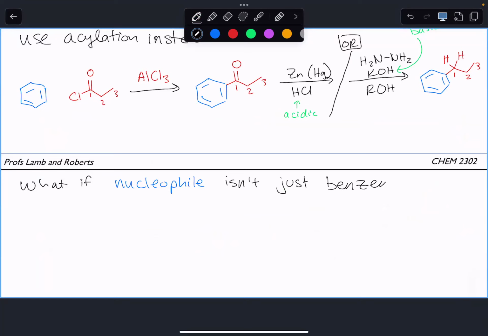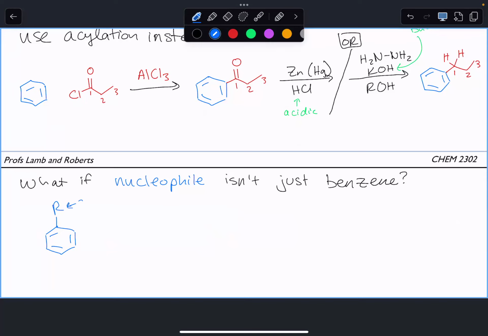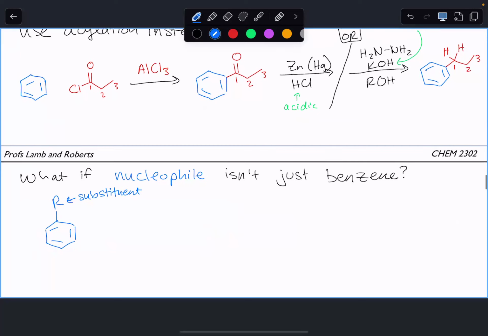So this is going to be most of the cases where it's not just benzene. So now we're going to have an aromatic group that already has a substituent R. So we call this a substituent. And R can be a lot of different things. So we're going to talk about what those different things are. But for now, we're just going to label it as a generic R.